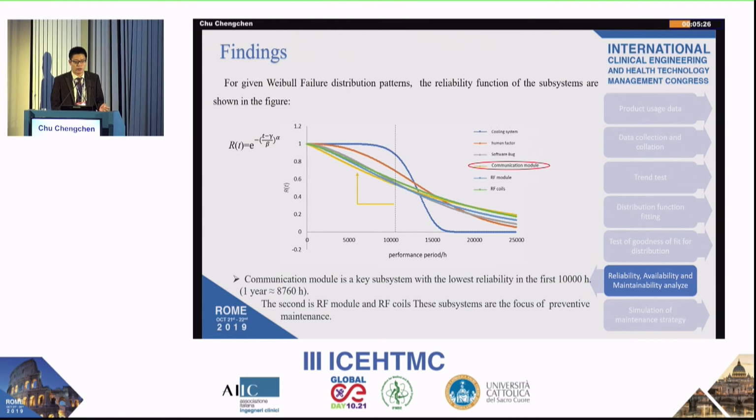Given the Weibull failure distribution patterns, the reliability function of the subsystems can be shown in the picture. From the picture, we can know that the communication model is the key subsystem with the lowest reliability in the first 10,000 hours. The second is the RF model and the RF coils. These subsystems are the focus of the preventive maintenance.